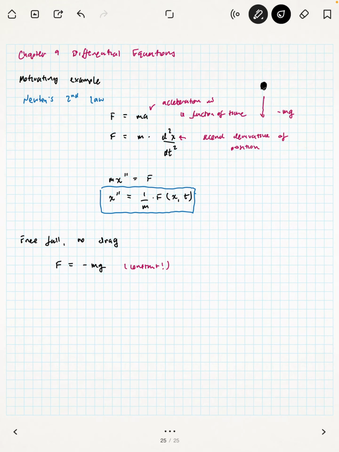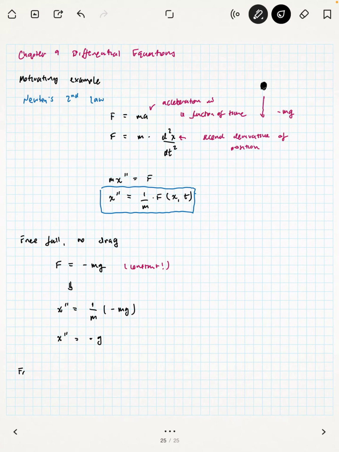And so the corresponding differential equation is just x double prime equals 1 over m times negative mg, or equals negative g. And as we could find out using our techniques with antiderivatives, this will give us some fundamental formulas that you see on day 1 in physics. So that's the simplest possible example.